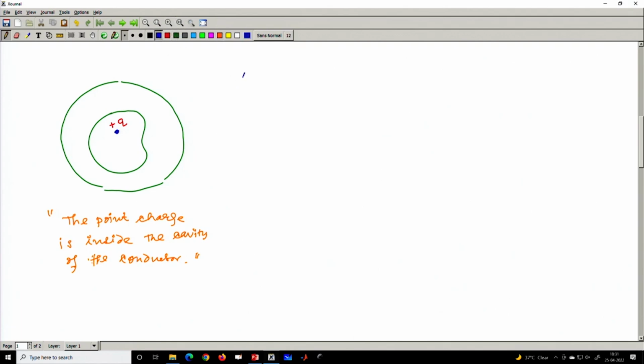The field inside the cavity is not 0; it is the field due to the charge within the cavity.